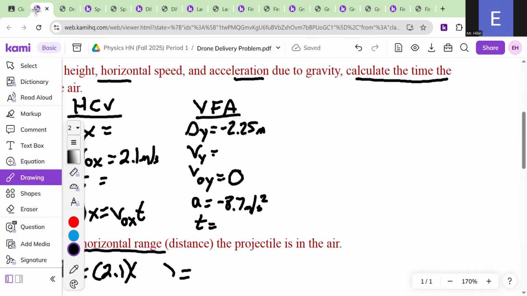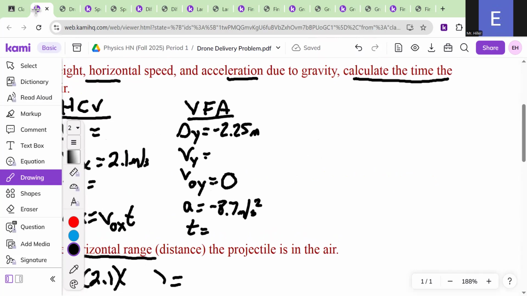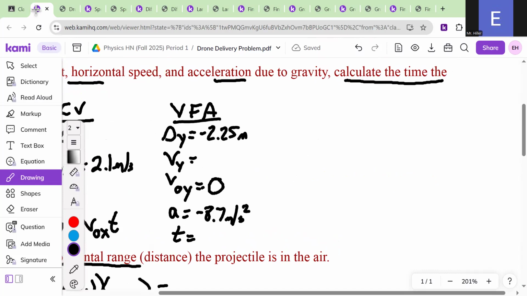So how am I going to find my time? Well, the time it takes to fall is the same time it takes to go horizontally through the air. Time has no direction. Time in one direction equals time in all directions. So I'm going to use displacement as a function of time. In other words, equation number 9. Delta y equals V naught t plus 1/2 a t squared.